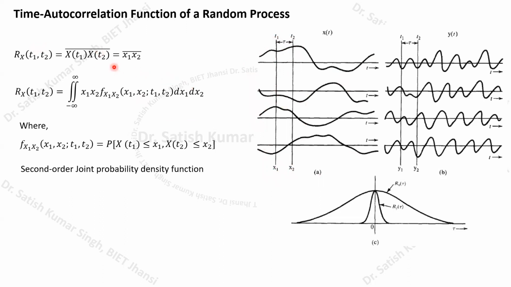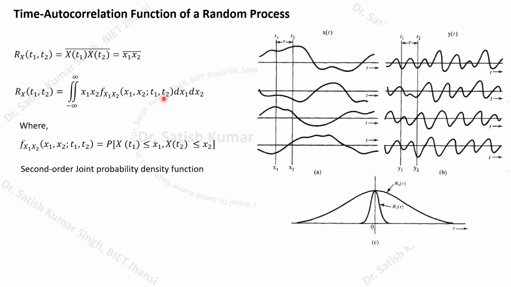Normally, to calculate the time autocorrelation function Rx(T1, T2), we need to know this particular probability density function, the second order joint probability density function. So this is our joint probability density function f(x1, x2). So what does it mean, f(x1, x2) at T1, T2?